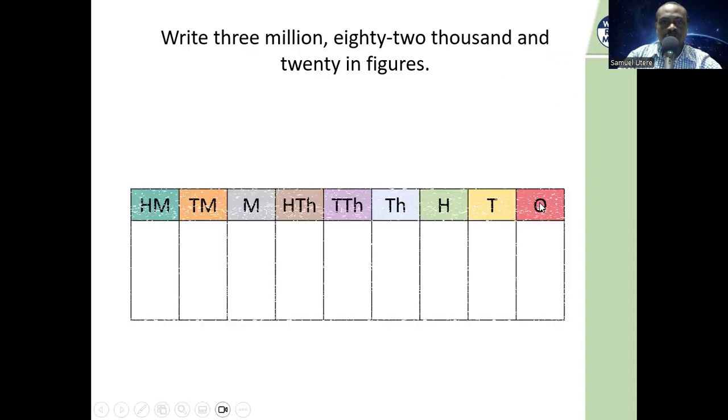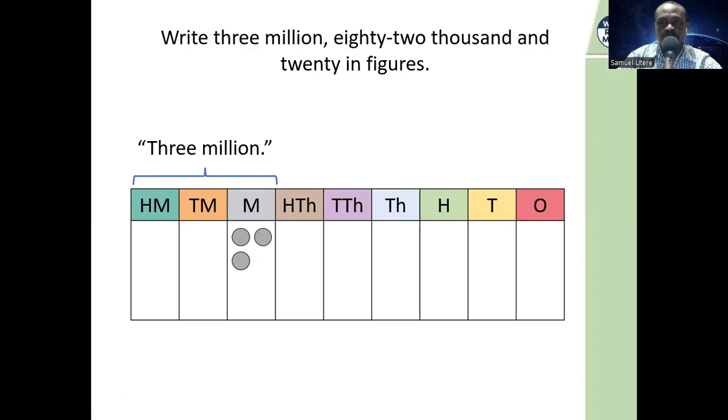Of course, we can use our place value chart and start to put counters to help us know how to write this in figures. So 3 million will go in the million column. So we can use 3 counters. Notice how we are writing the numbers in groups of 3.